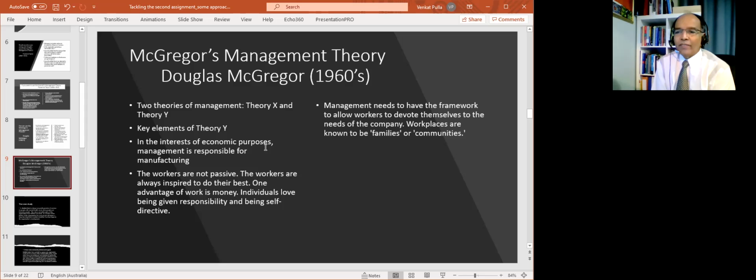Management needs to have the framework to allow workers to devote themselves to the needs of the company or the organization. After all, workplaces are known to be families and communities. I have worked in those kinds of organizations. For about 12 years I worked in Disability Services Queensland, which for many must have even been a bad example. For me, it was not.